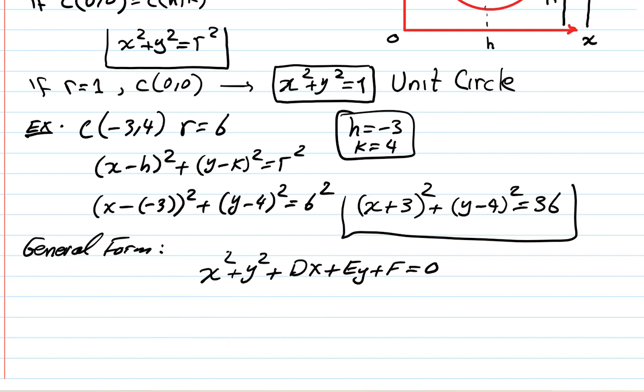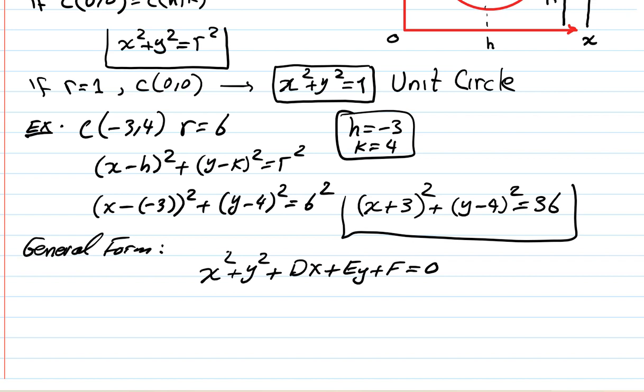Now, D, E, and F are just real numbers. For some real numbers D, E, and F, this equation can have a graph that is a circle, or it could be a point, or is non-existent, depending on how the numbers work.